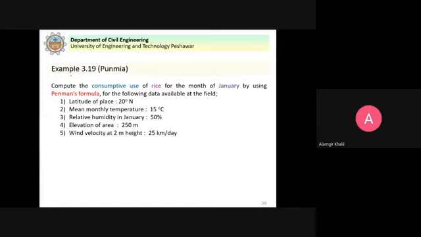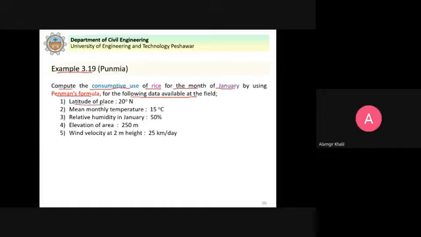Now let us try to solve a problem on how we apply the Penman's formula and use these different tables to calculate the consumptive use. This is example 3.19 from the Punmia book. Calculate the consumptive use or evapotranspiration of rice for the month of January by using the Penman's formula for the following data available at the field.